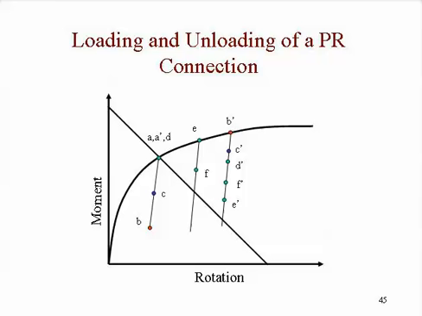So where in the linear connection we simply moved out and in all along that straight line, in the truer representation of the connection, the one side moves out along the curve, the other side unloads down the straight line. All right, now take off half of the lateral load.